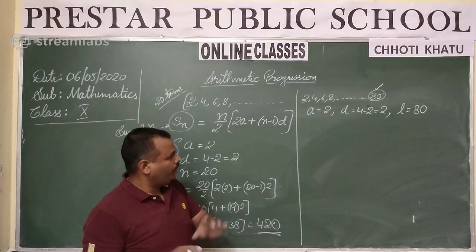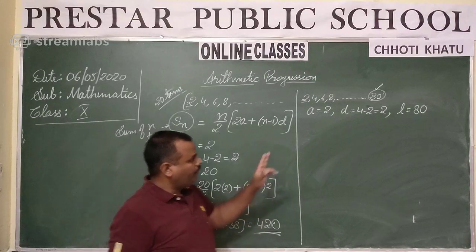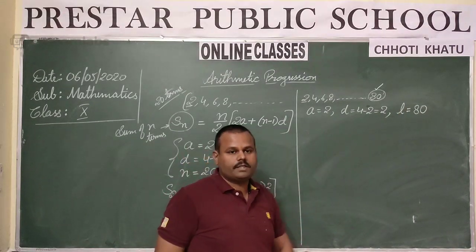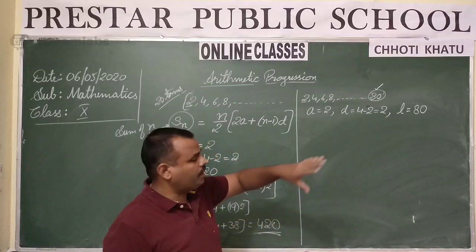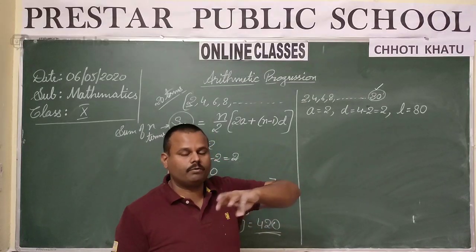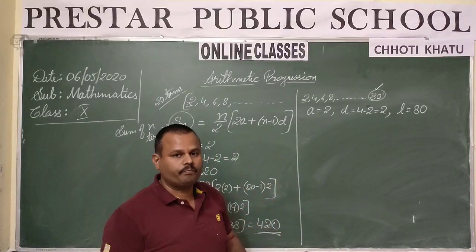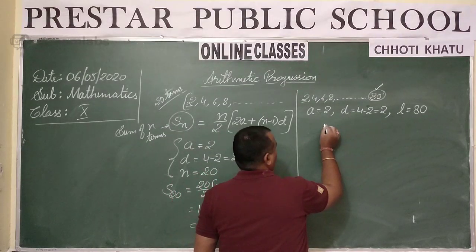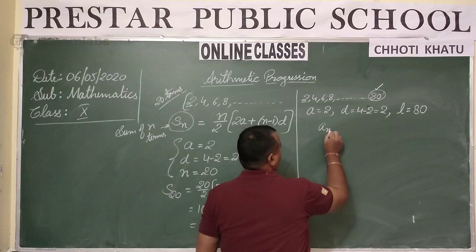How is it done? First method is L, the last term. In the previous exercise, wherever the last term was given, we took it as the nth term. So what you can do is take it as the nth term.